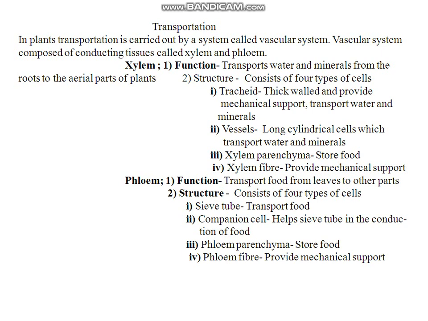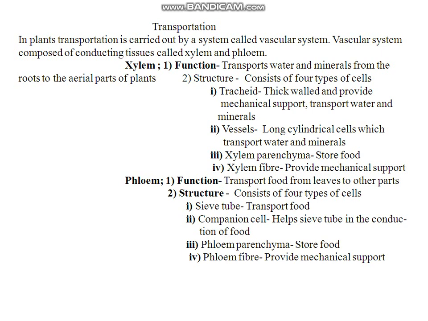As you know, xylem is a complex permanent tissue, that is why it is made up of different types of cells. Number 1, trachea. Number 2, vessels. Number 3, xylem parenchyma. And number 4, xylem fiber.